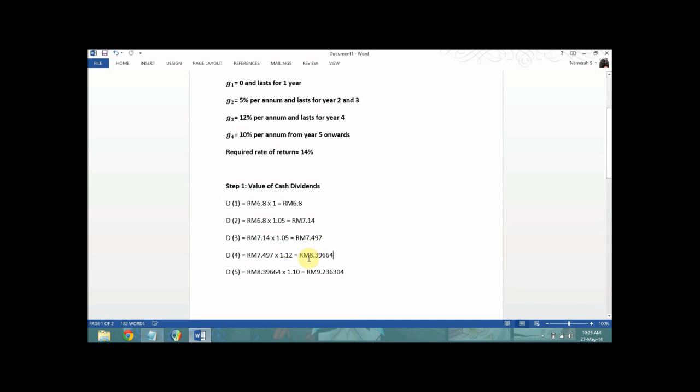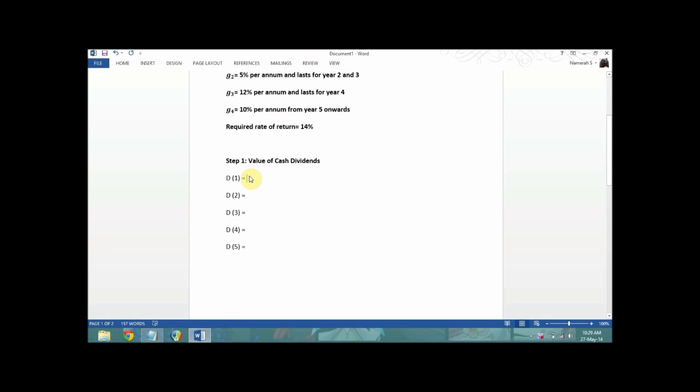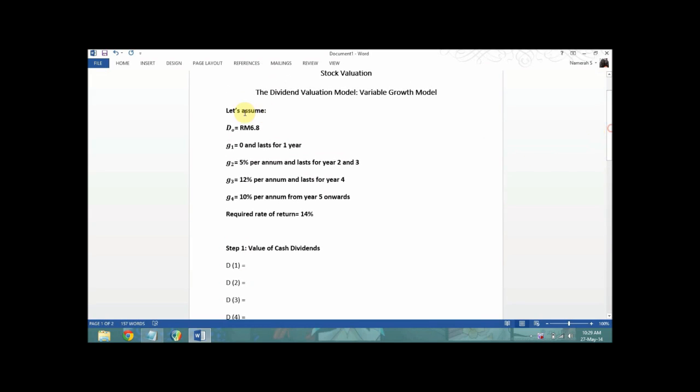The first step is calculating the value of cash dividends. It is done in the following method. Step 1 is calculating the value of cash dividends. Let's calculate the value of dividends for year 1. The initial dividend is RM 6.8.